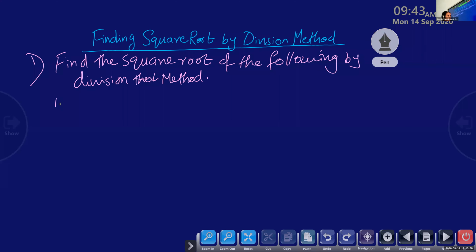First question, find the square root of the following using division method.